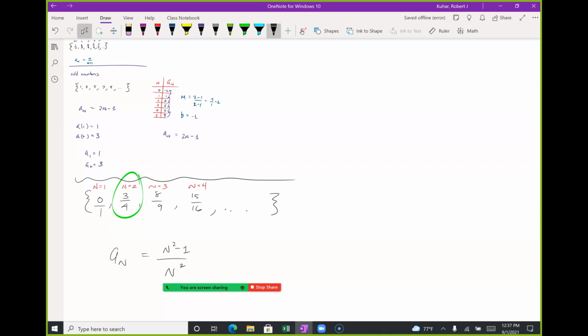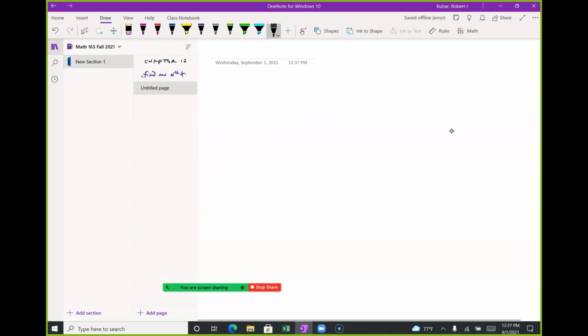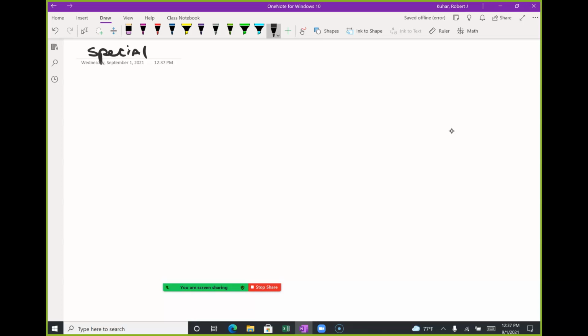So we definitely want to write a few of these down. So what did we have? We had odd numbers, right? So special nth terms, right? We had the odd numbers: a sub n was 2n minus 1, right? What about evens? What would the evens be?